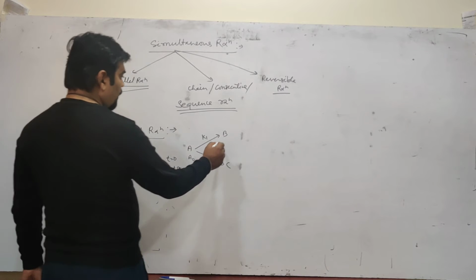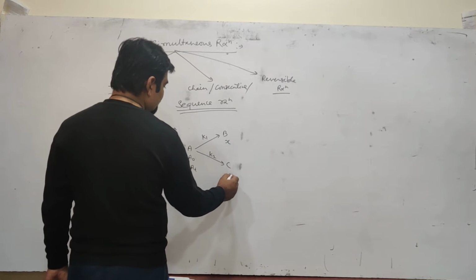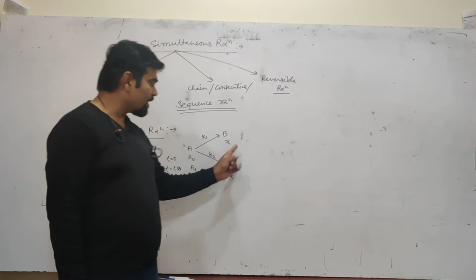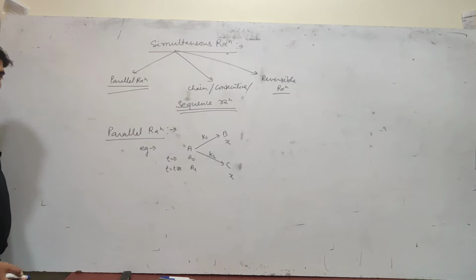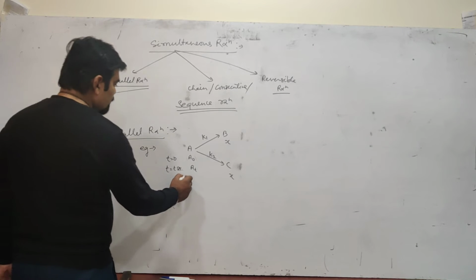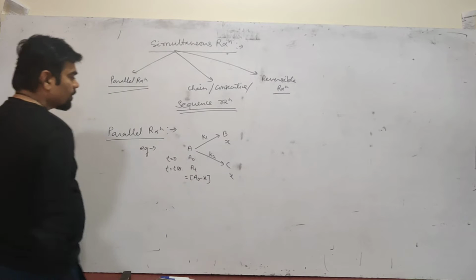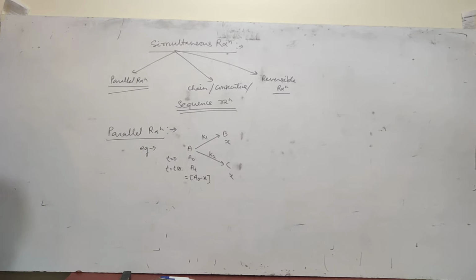Let's say X is formed in each case; however, it can be X or Y, but for convenience we are taking X and X. So At is equal to A0 minus X.